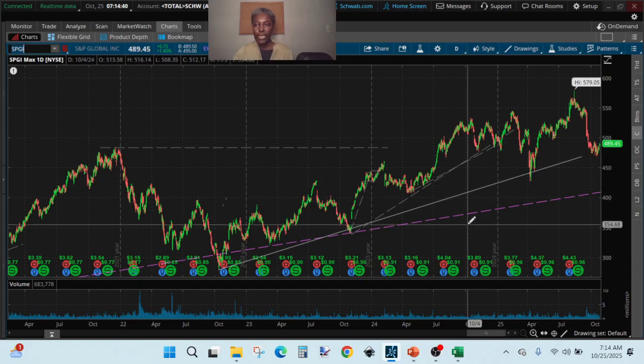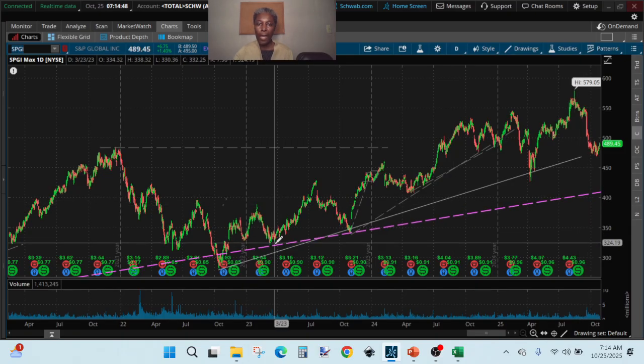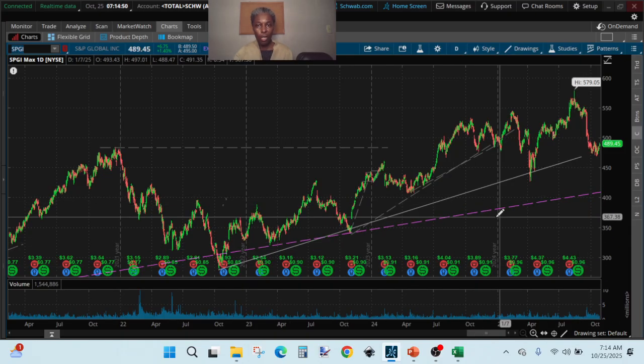And by looking at the chart, we are going to compare where the price is right now to where we want to buy. So we have long uptrend lines that we trace because we are trading upward stocks.